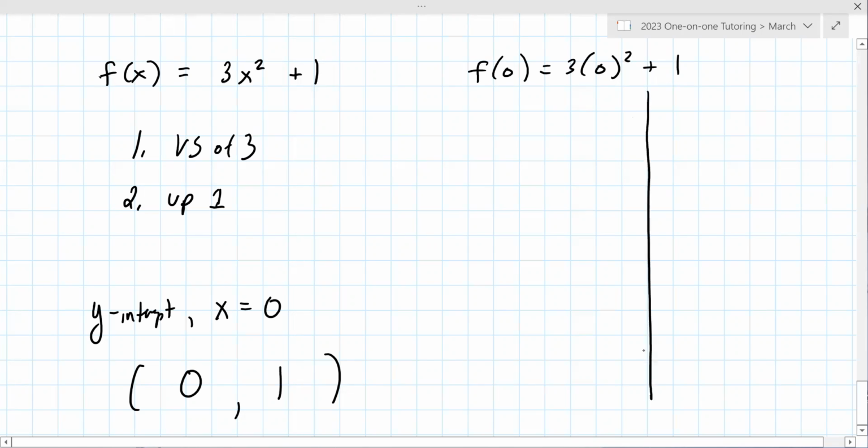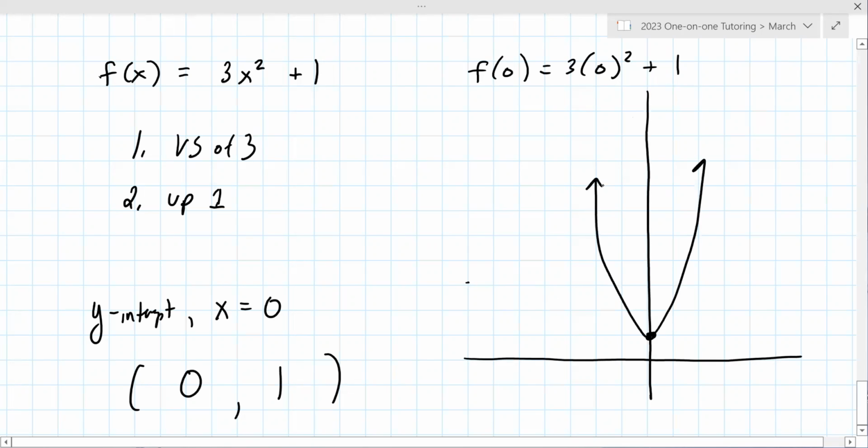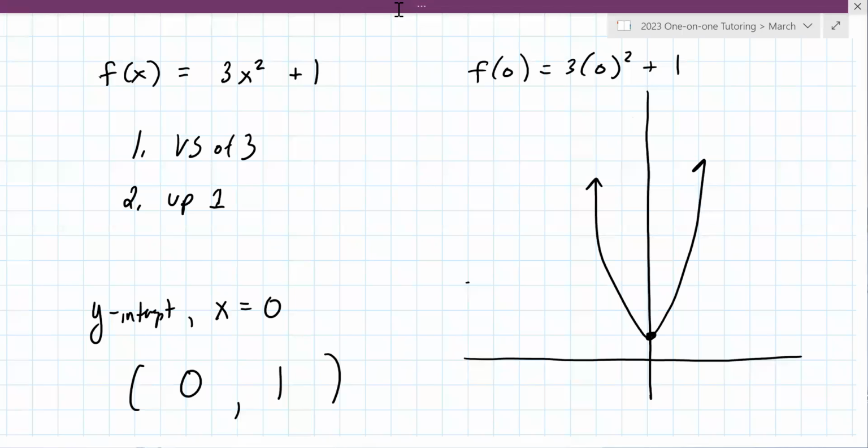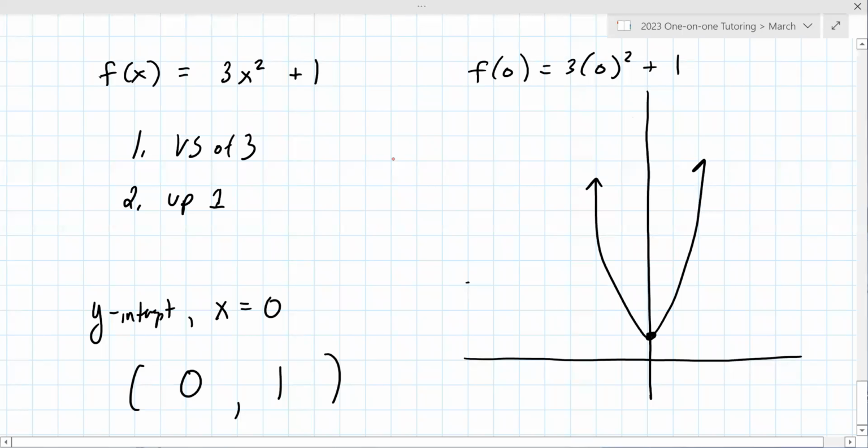Okay, so here's the graph of this thing. All right. How do we want to do this next? We want to now graph g of x equals 19.